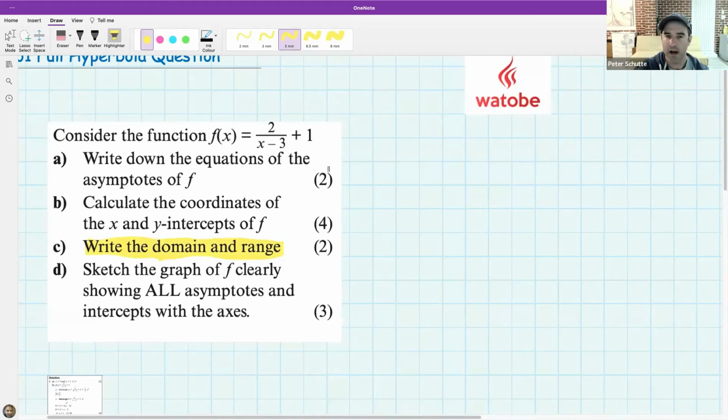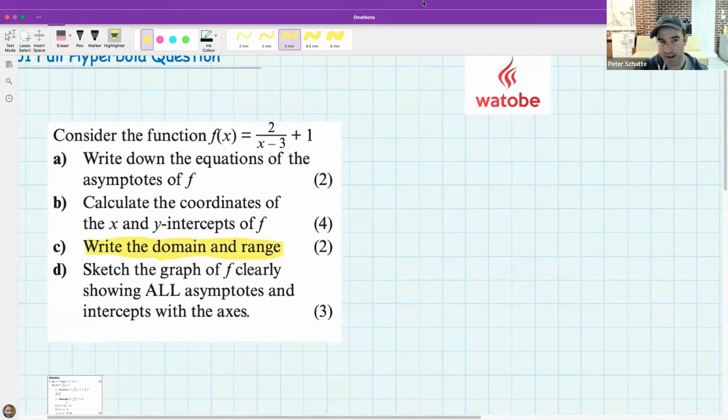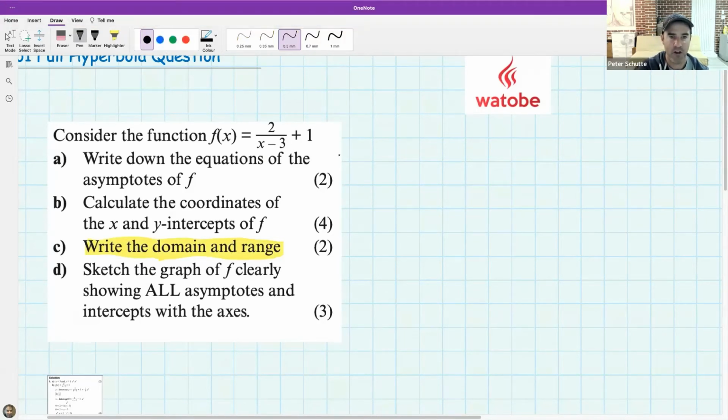So I want to give you about 5 minutes to do this question. But remember, this question is made up of question A, find the asymptotes, question B, find the intercepts, question D, sketch the graph, and then C, if you can do it, do question C, otherwise we'll do it together. All right, over to you guys.